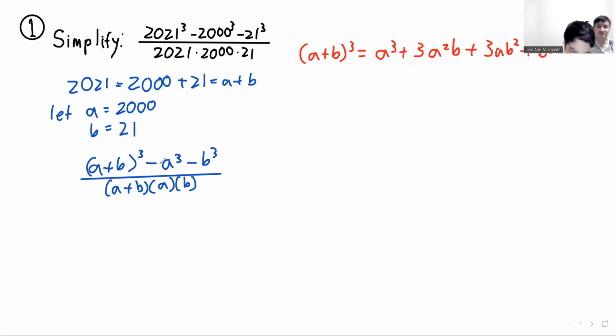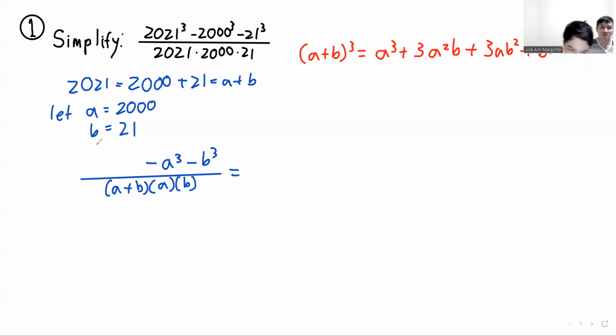We will simplify this expression as much as possible, we want to end up with only A and B. I will put this in different colors so the expansion will be easier to see.